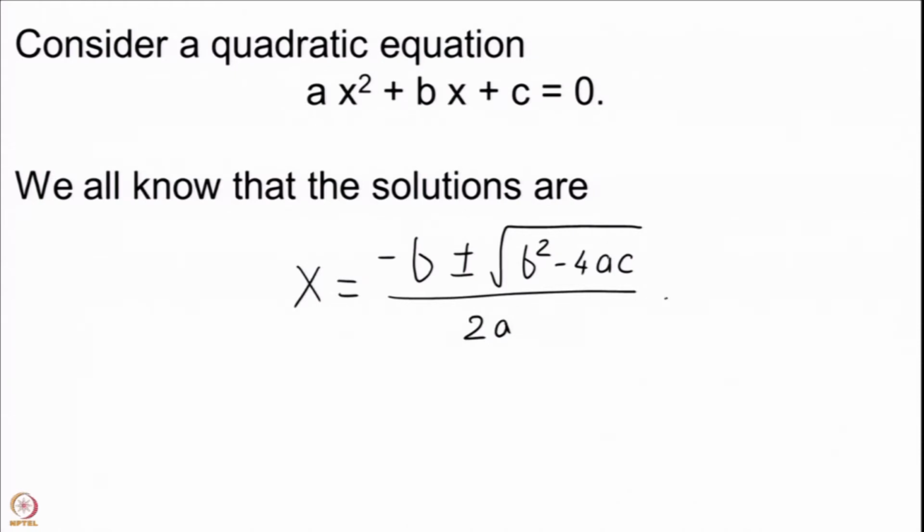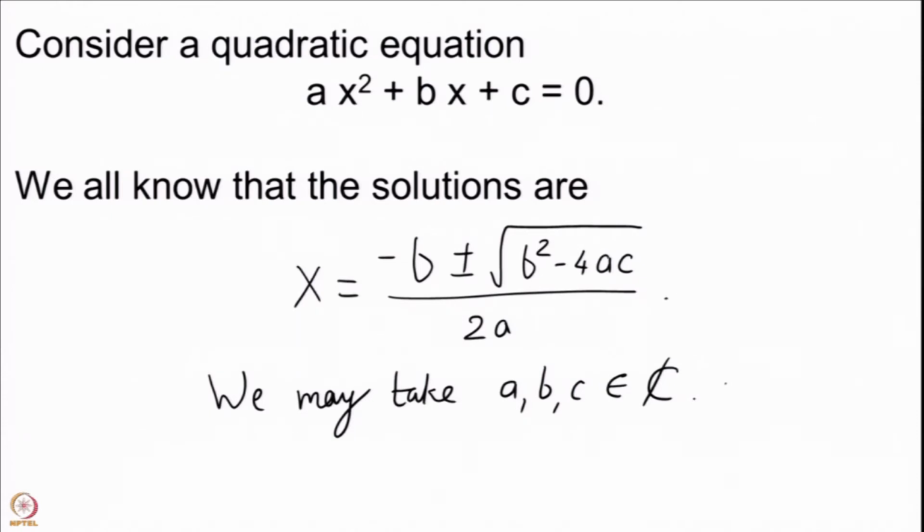I have not told you where a, b, c come from. So, we may take the coefficients a, b, c to come from complex numbers for instance, and then we know that our solutions will also belong to complex numbers. Then the solutions x given by the above formula are also complex numbers.